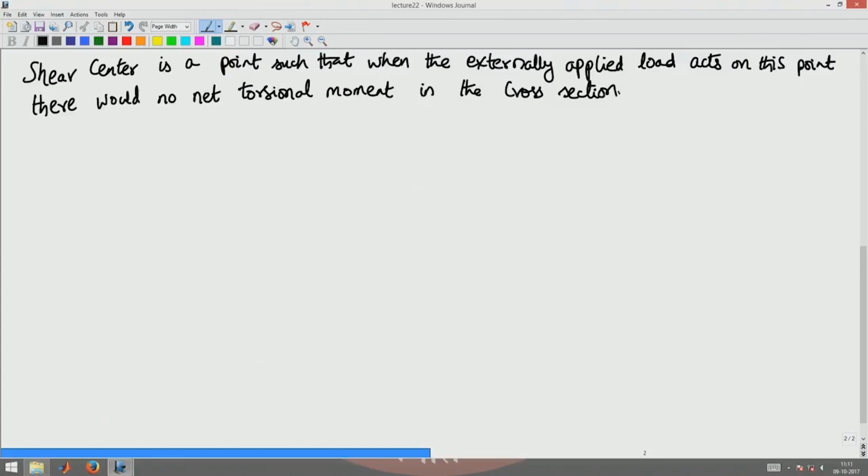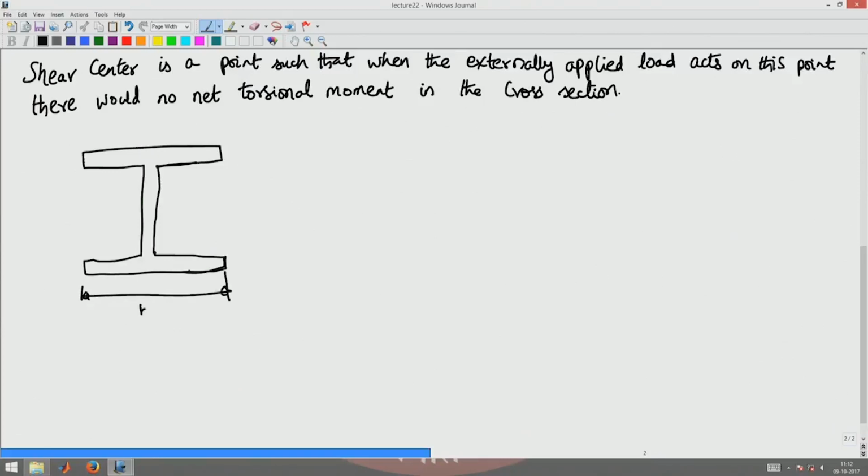For example, if you take an I section, which is of equal length on either side of the web, this is BF.